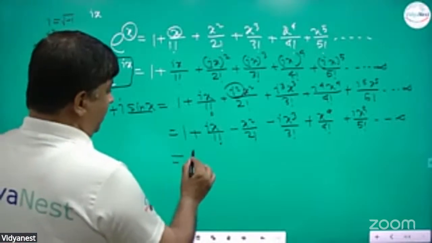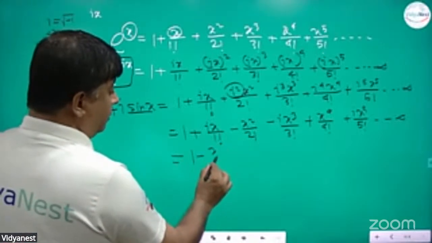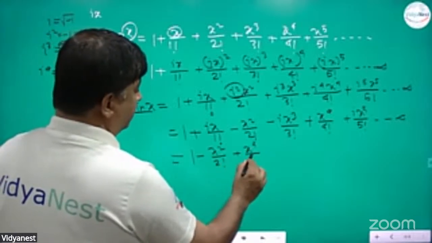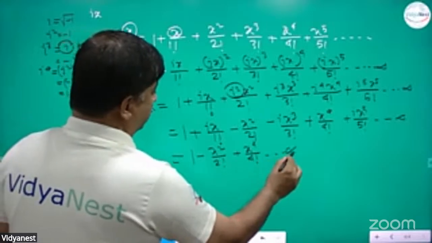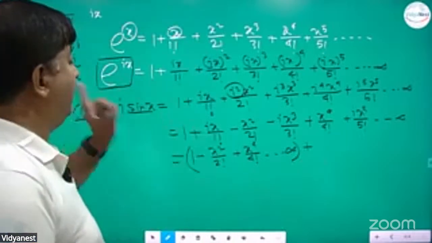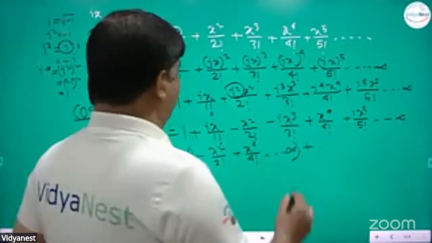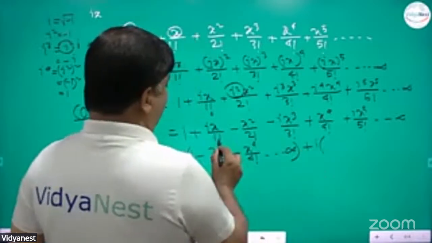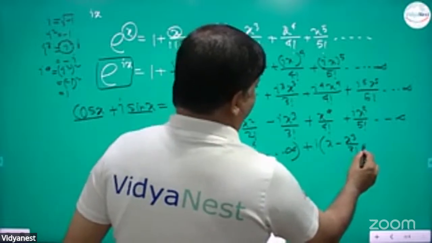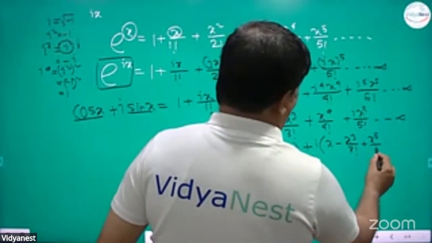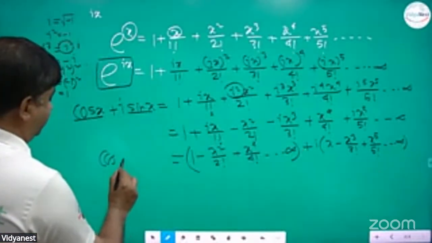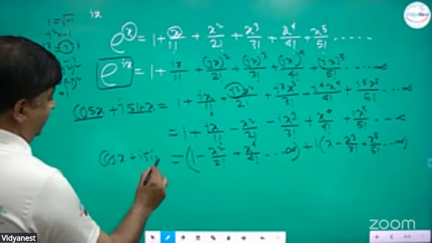I will bring all the terms without i together. Now from the terms which involve i, i will be taken common. x by factorial 1, x minus x cube by factorial 3, x to the power 5 by factorial 5, up to infinity, that is cos x plus i sin x.